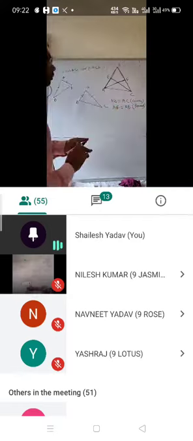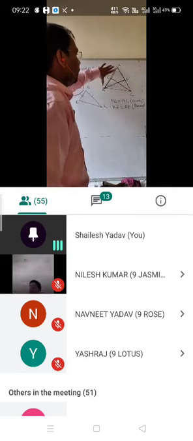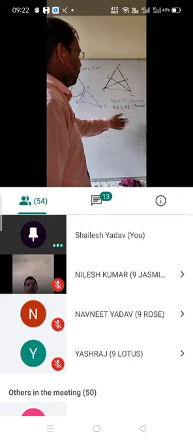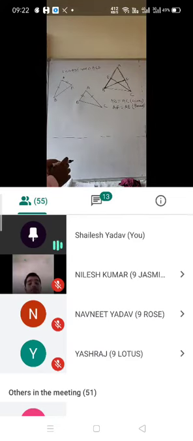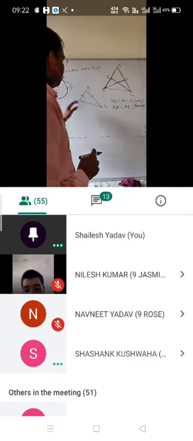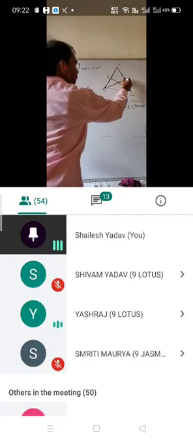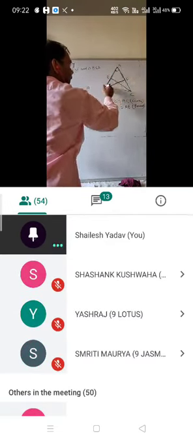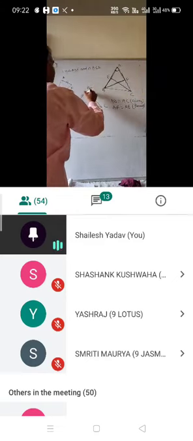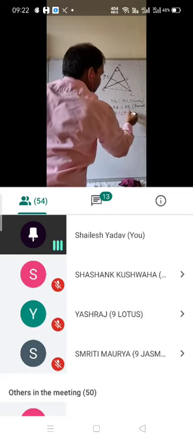First you will prove this as done earlier: AB equal to AC, then half of AB equal to half of AC. So half of AB will be AE and half of AC will be AF. So I got this. What is the third value for these two? Any student who can reply me? Angle A. That's good. In this triangle angle A is there, and in this triangle also angle A is there. So angle A equal to angle A, that is common.